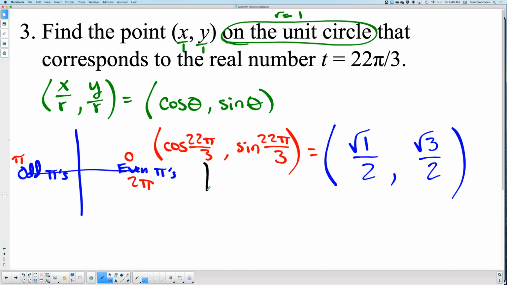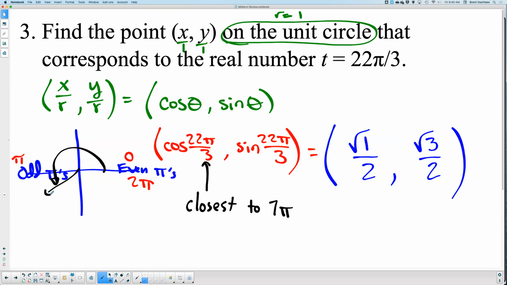That's closest to 7 pi, so that's on the left side. Now, is it a little less than or a little more than 7 pi? A little more. So when we come around, we're going to end in this quadrant because it's a little bit more than an odd pi. Does that make sense?